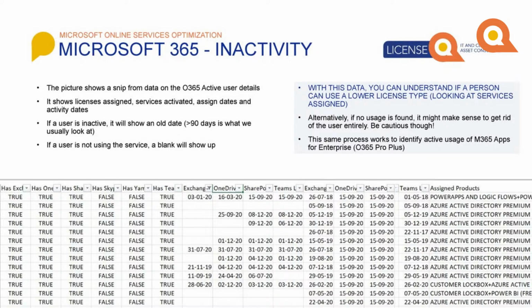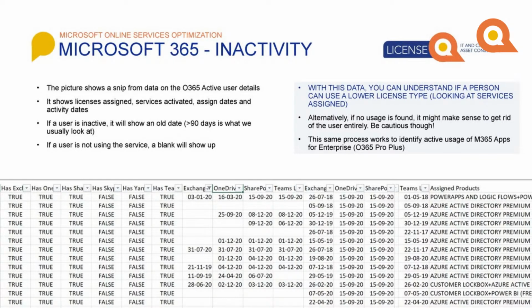But what we are interested in the most is the active use. So if you see a blank in the activity date, it means that a user has never used this service. And it could be for a plethora of different reasons. It might be that this user is not part of the organization yet, and this license has just been assigned, and the person still needs to start work.